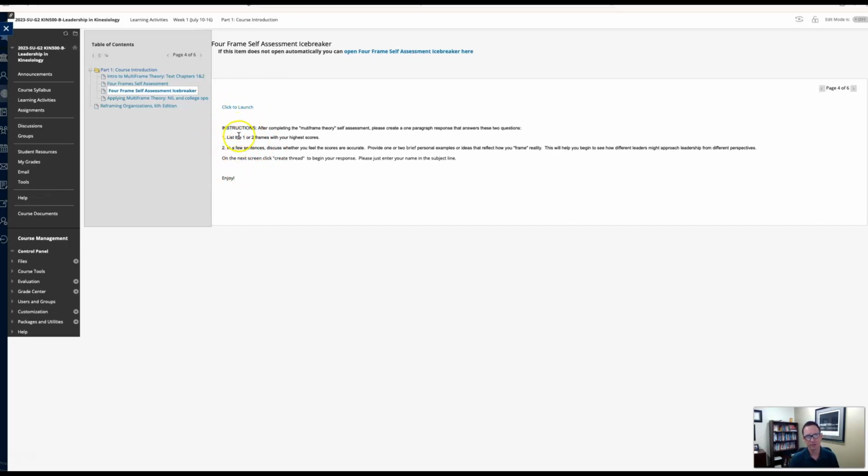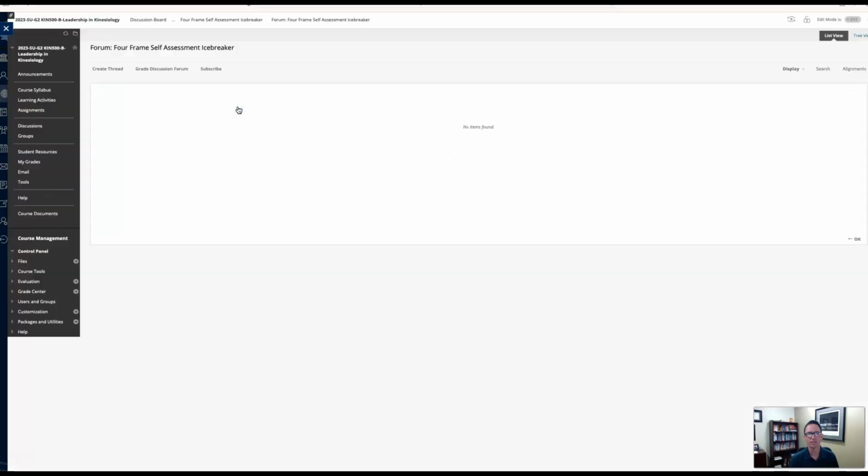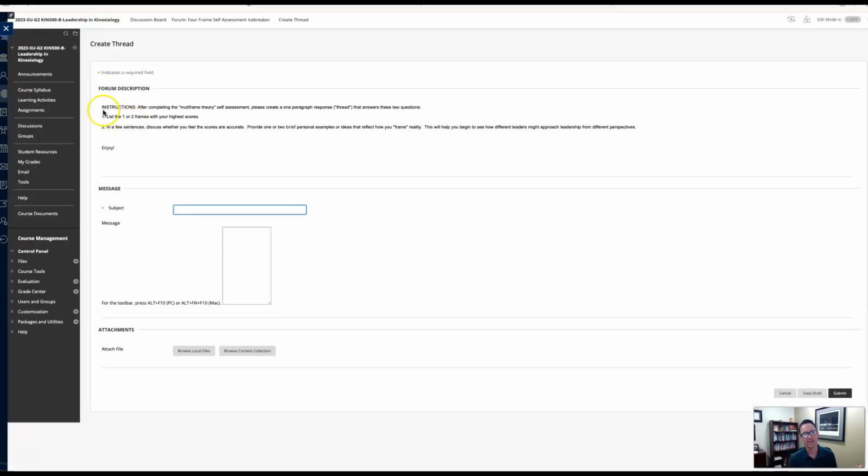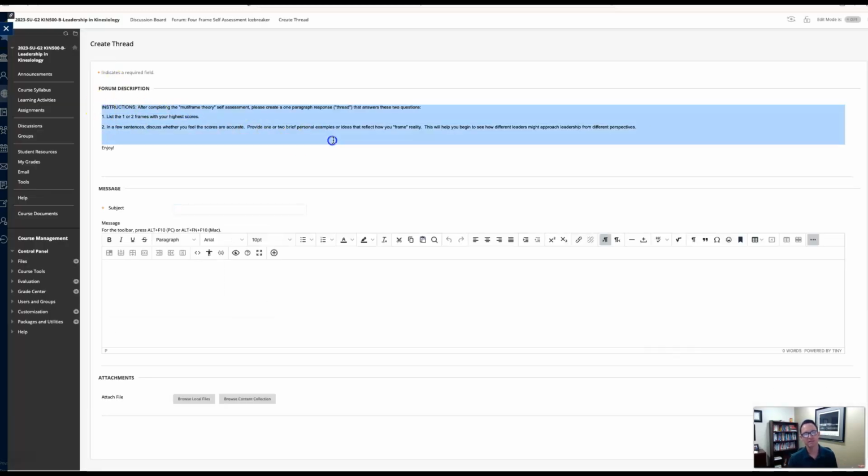But if for some reason you don't see instructions, hit click to launch and then create a thread. You'll always have to, that's what I meant to say, sorry. Create a thread, then you get the instructions for the assignment. And in this case, for this week, it's just take the self-assessment and then reflect on your top highest scores.